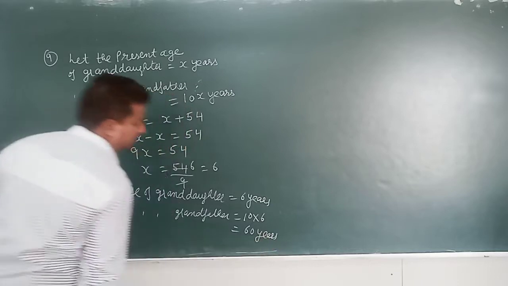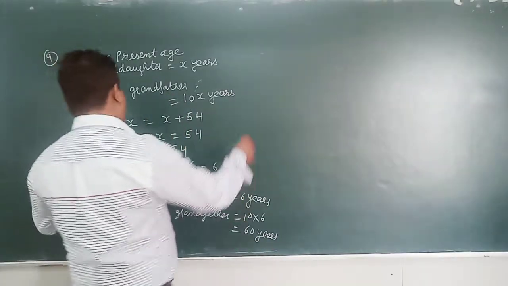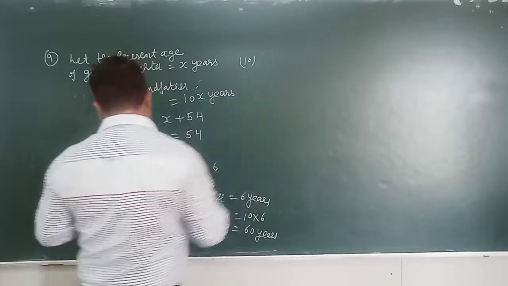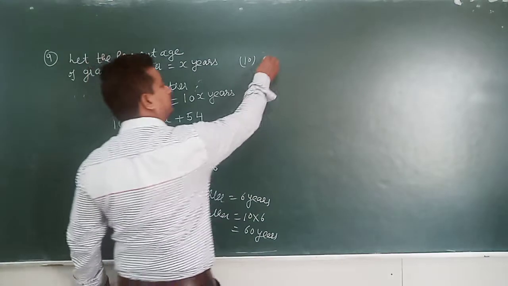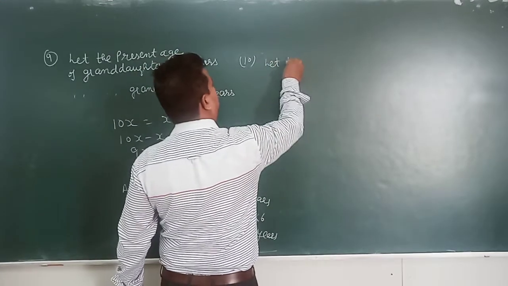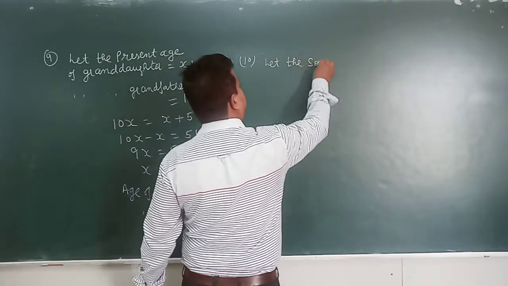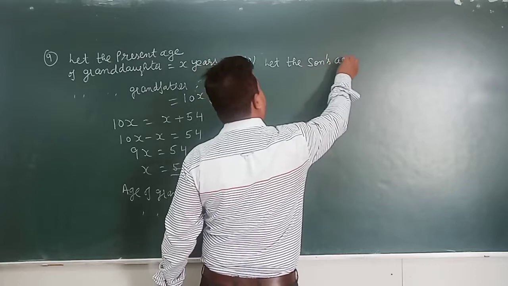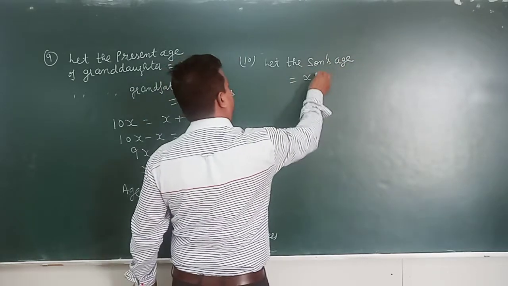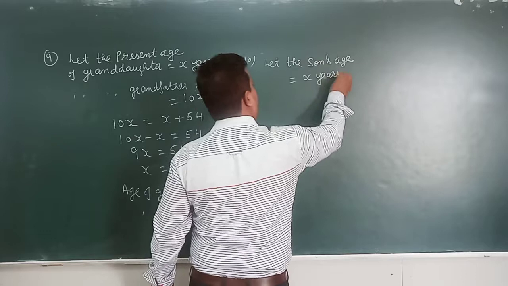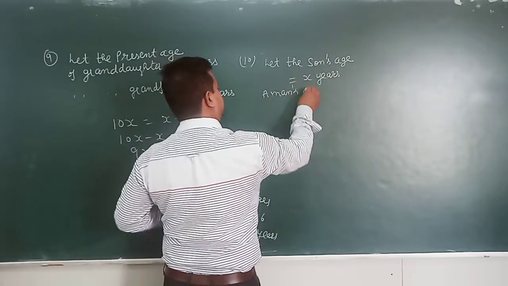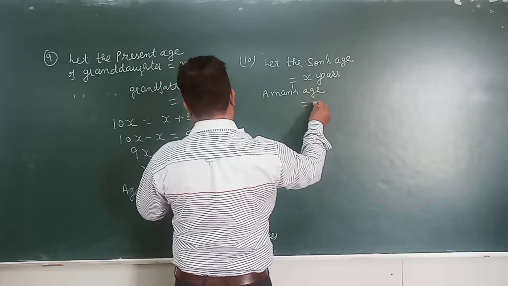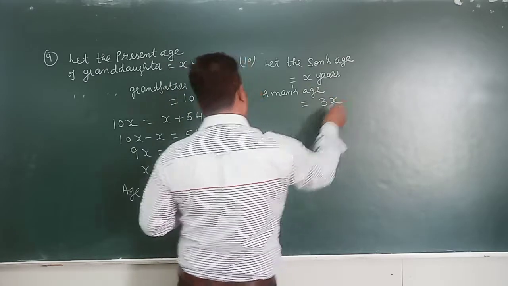This is the answer. In the 10th question, the statement is Aman's age is 3 times his son's age. Let the son's age equal x years. According to the question, Aman's age is 3 times, which is 3x.